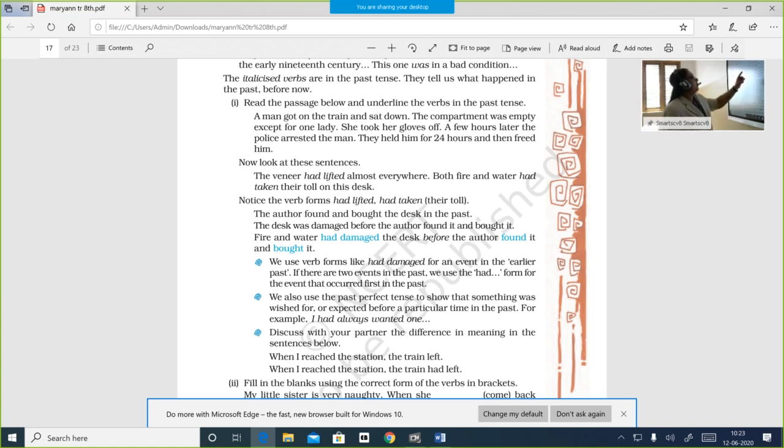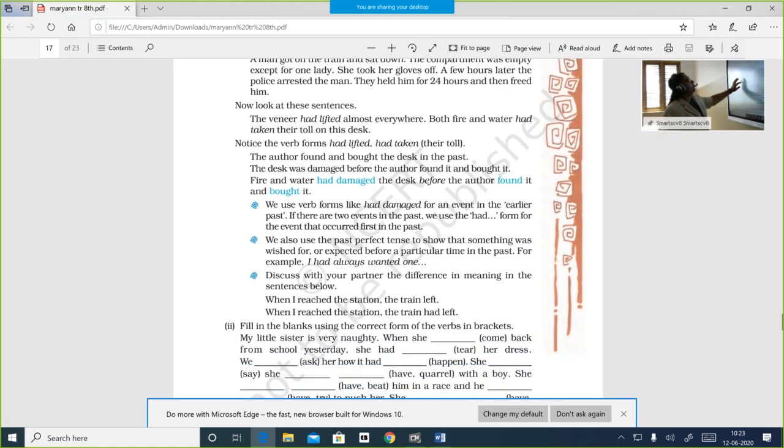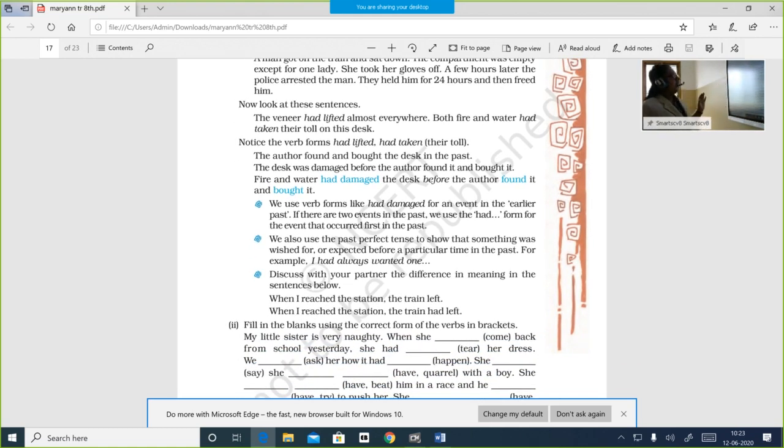Notice the verb forms had lifted, had taken. The people who wrote the text are explaining how it came to be in the past perfect. How come these ones are earlier actions? That is why these actions got the past perfect.